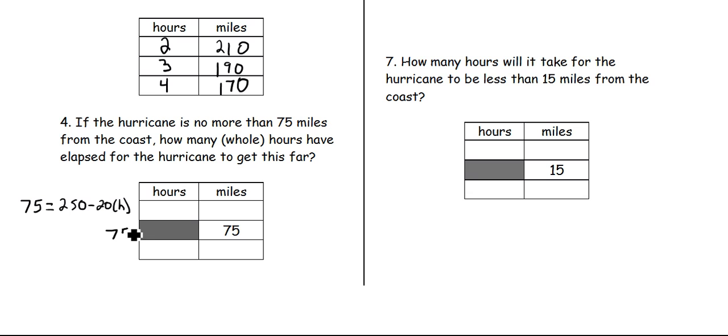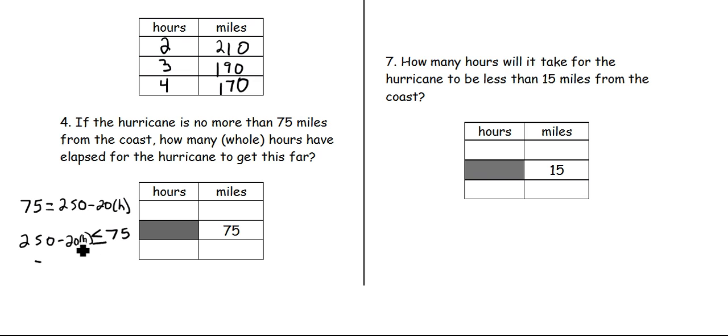No more than means that it's less than or equal to. I'm just rewriting. I just swapped the parts and put in my inequality. So this equation must be no more than, which is the same as less than or equal to 75.